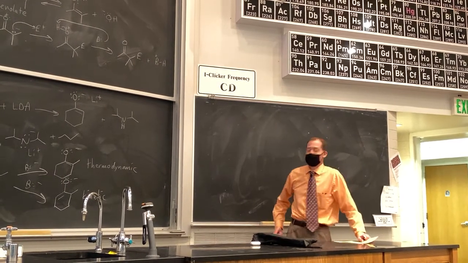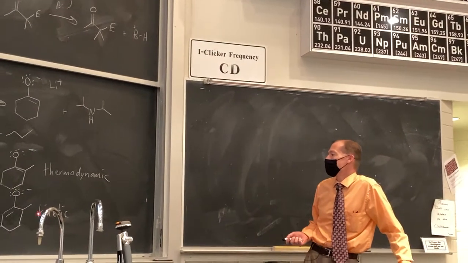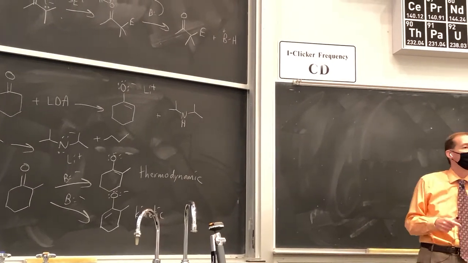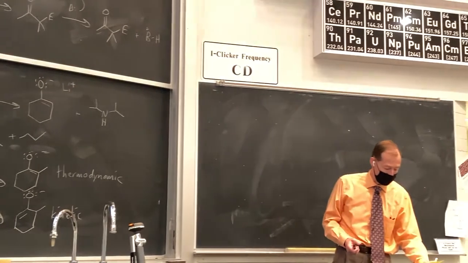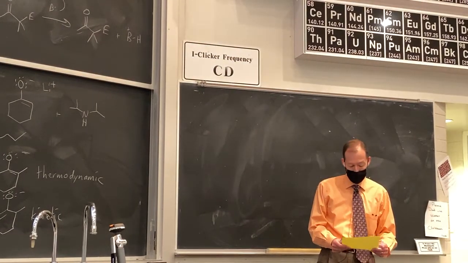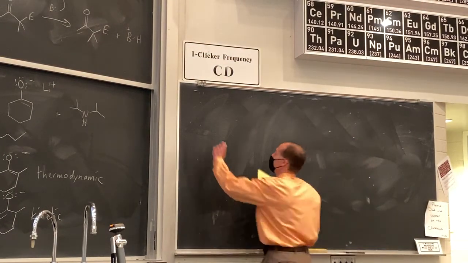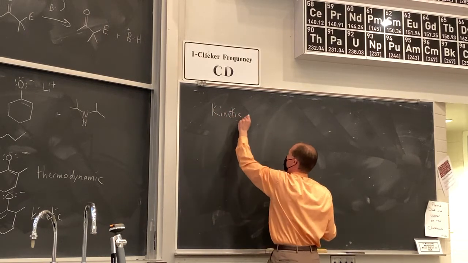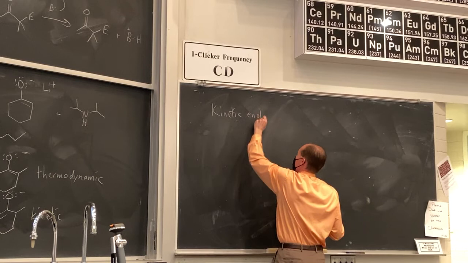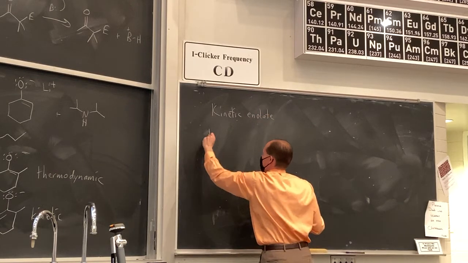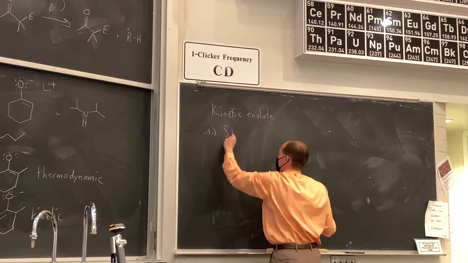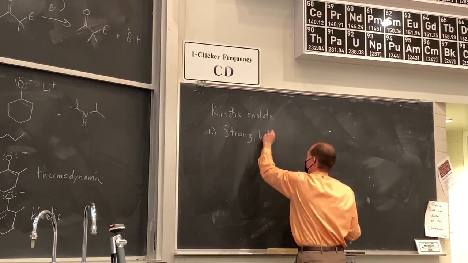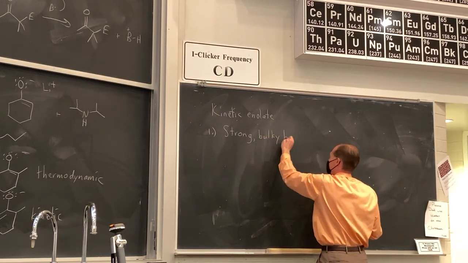So we can obtain either the kinetic enolate or the thermodynamic enolate as the major enolate by selecting our base and our reaction conditions appropriately. So if we want to form the kinetic enolate, the first thing we need is a strong, bulky base. Okay?